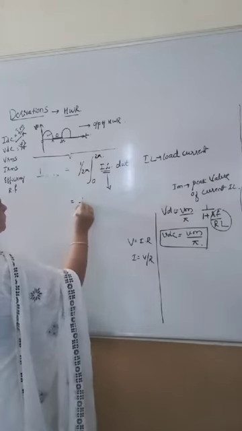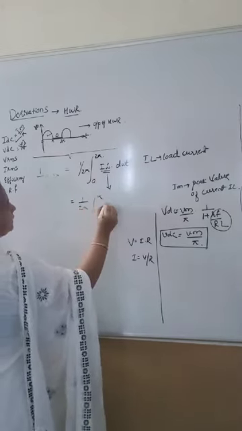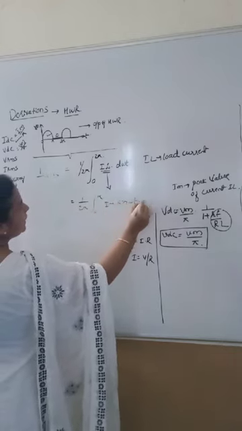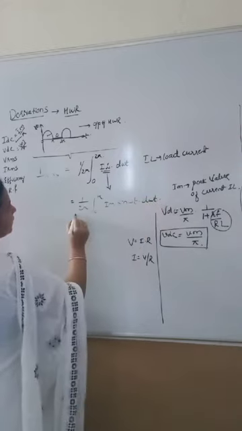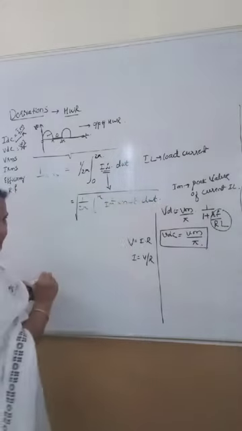I had written it as 1 divided by 2 pi from 0 to pi, of IL, that is Im sine omega t, into d omega t. Now the root of the mean of the square of this will be like this.